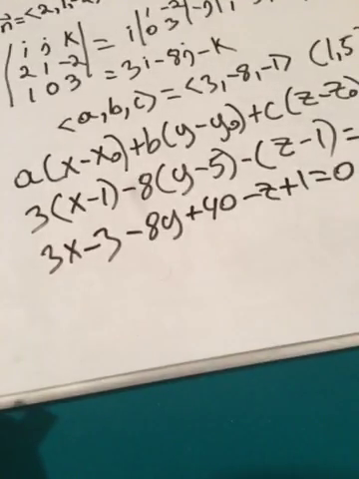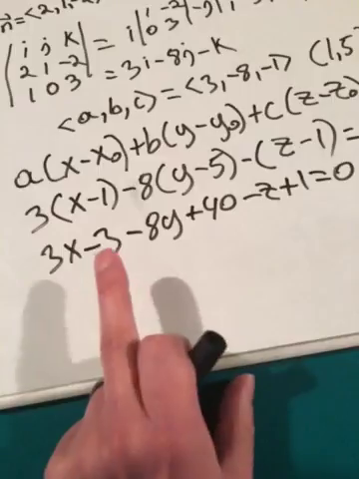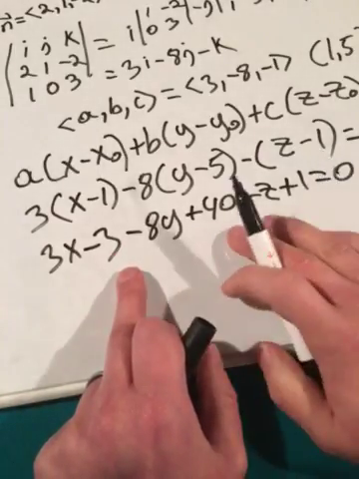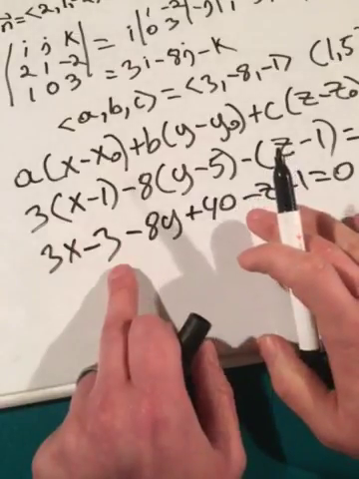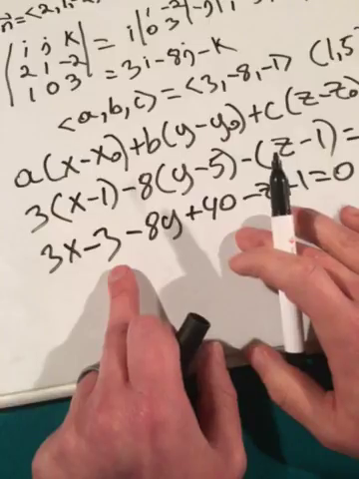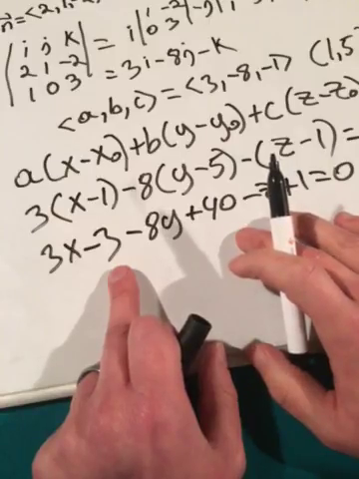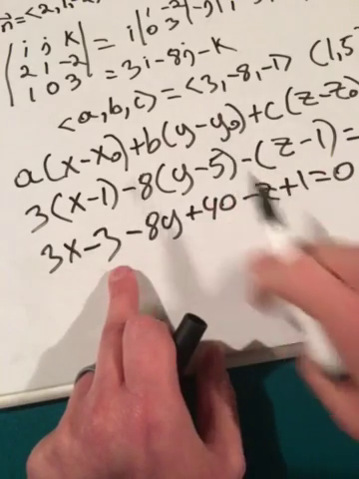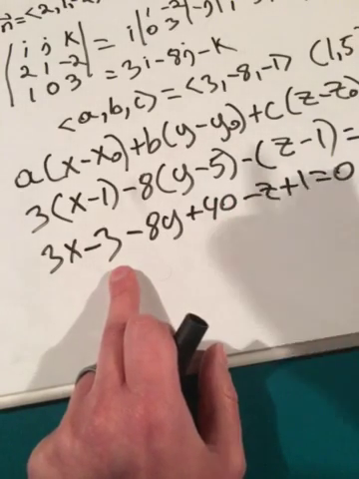So we have minus 3 plus 1, and then plus 40. Minus 3 plus 1 is minus 2, plus 40, so that's 38. But then we can move the 38 to this side to get minus 38.